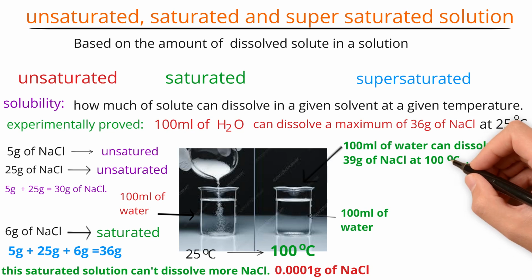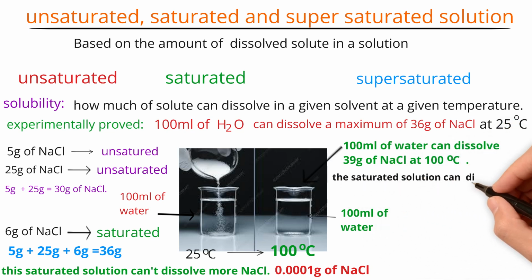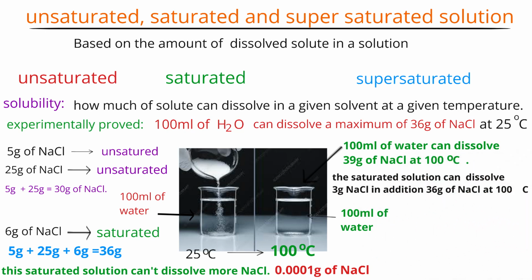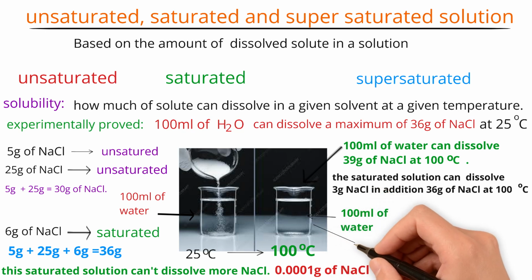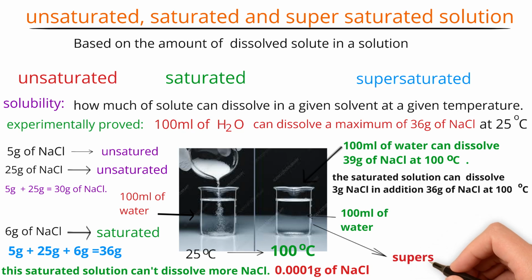This means that the saturated solution can dissolve 3 grams of sodium chloride in addition to 36 grams at 100 degrees Celsius because of what? The temperature, the external factor. We increase the temperature from 25 degrees Celsius to 100 degrees Celsius. That makes it dissolve an additional 3 grams of sodium chloride, and such a solution we call supersaturated solution.